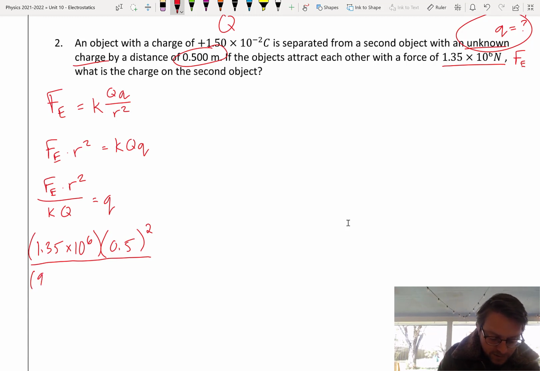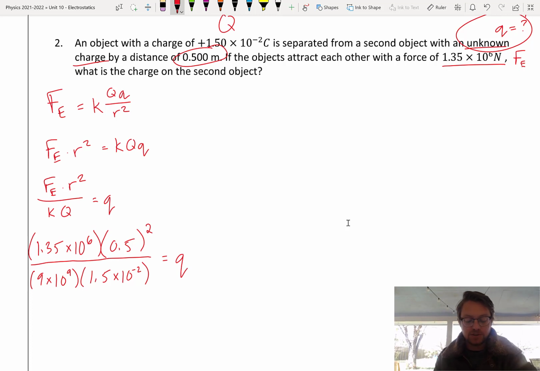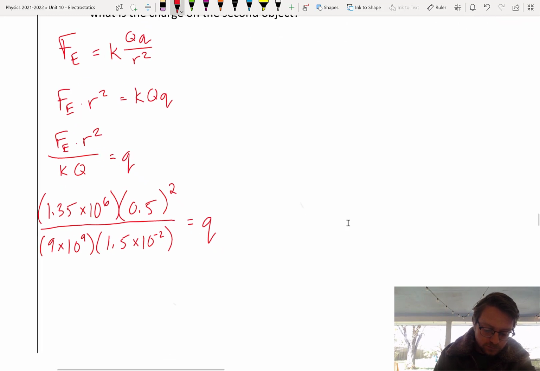K is always Coulomb's constant, 9 times 10 to the 9. Big Q is our positive 1.5 times 10 to the minus 2. We want our charges in coulombs, that's the capital C unit, and so if we have it in a different value like microcoulombs or something that we'll see later, we want to convert that to coulombs.